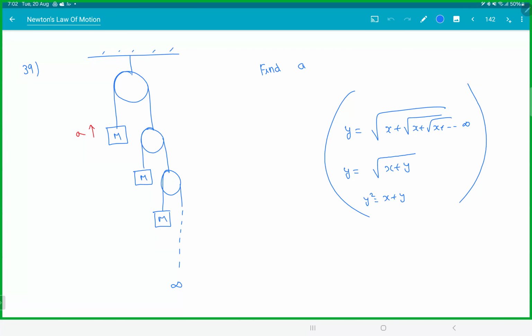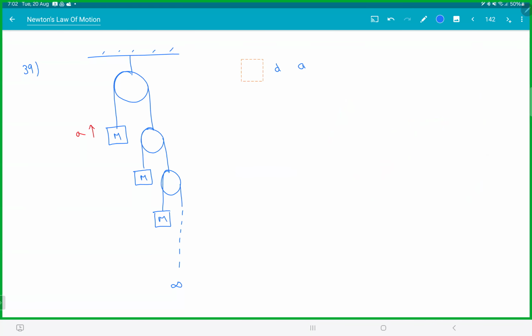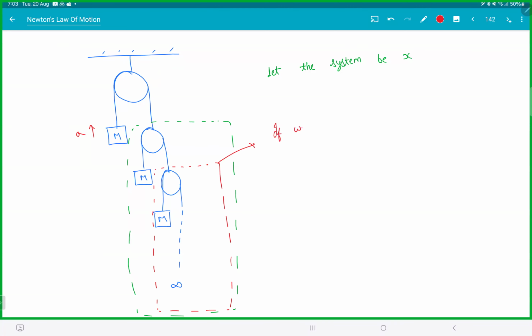See, here the idea is, let this whole system be X. Now the idea here is, if I just ignore one block and look at this part, so if we ignore one branch, it is still an infinite one, isn't it?